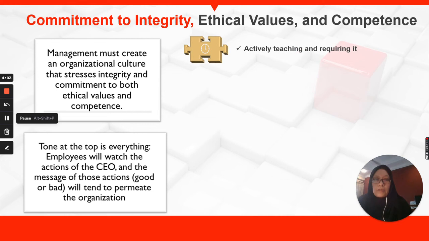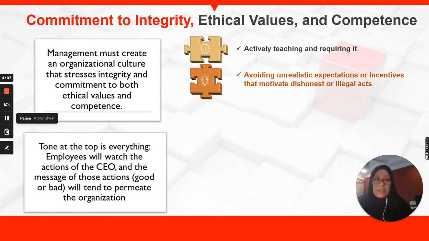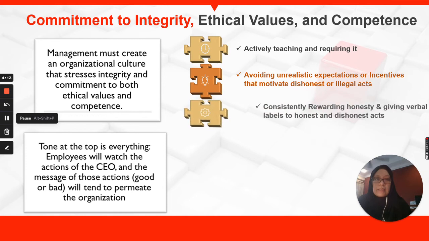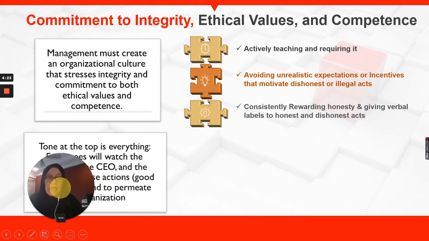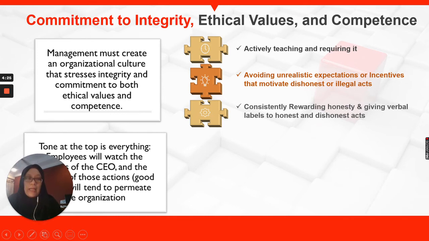Management should avoid any unrealistic expectations or incentives that motivate dishonest or illegal acts, and should consistently reward honesty and give verbal labels to honest and dishonest acts.